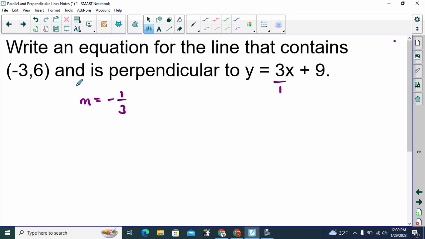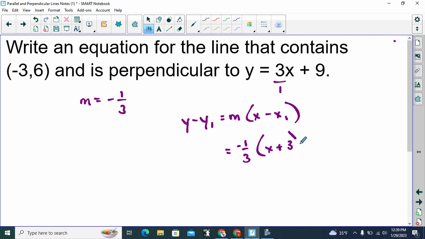I have a point and a slope. We can write an equation of a line. Point slope form. Y minus y1 equals m times x minus x1. Fill in our slope. Fill in the point. X minus -3 is going to say x plus 3. Y minus 6.